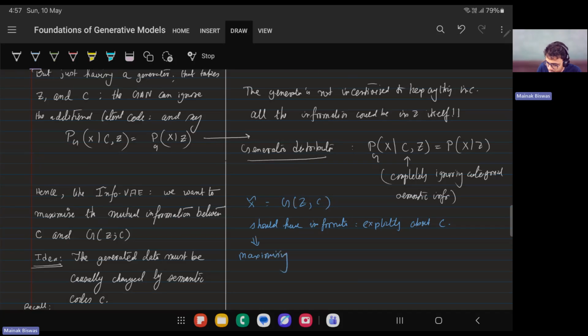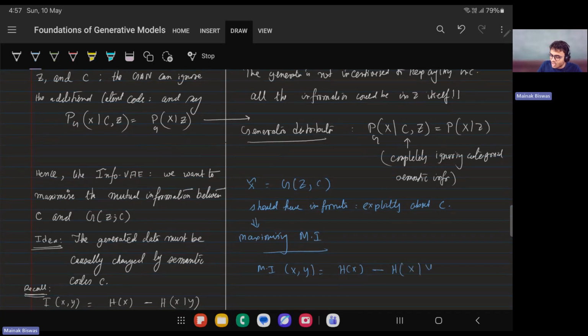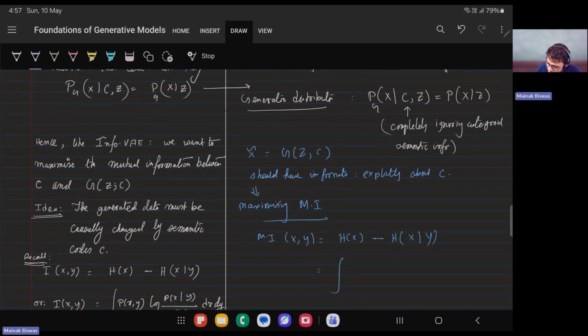We have learned a lot about mutual information: the mutual information between two random variables x comma y is the entropy of x, how much we know about x, and how much the uncertainty decreases when we know y. So it's like how much y gives you information about x. The more information it gives, the more the entropy decreases, and the more information about x and y is present in each other, and therefore they are related to one another. So we have already shown that this is equal to the integral of the joint distribution of x and y times log of p of x given y by p of x, dx dy.